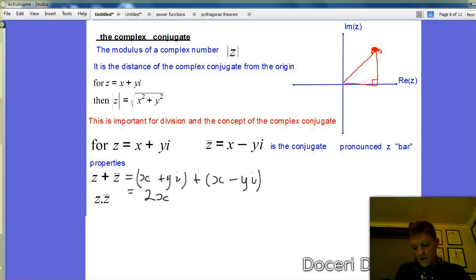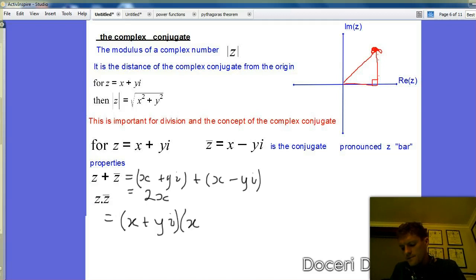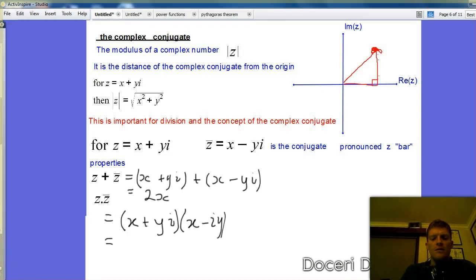Let's see what will happen for multiplication. Take complex number, x plus yi, and let's now multiply by its conjugate. When we expand this out, instead of expanding each term one by one, what kind of double bracket do we recognize here, and what would be the equivalent expansion rule?